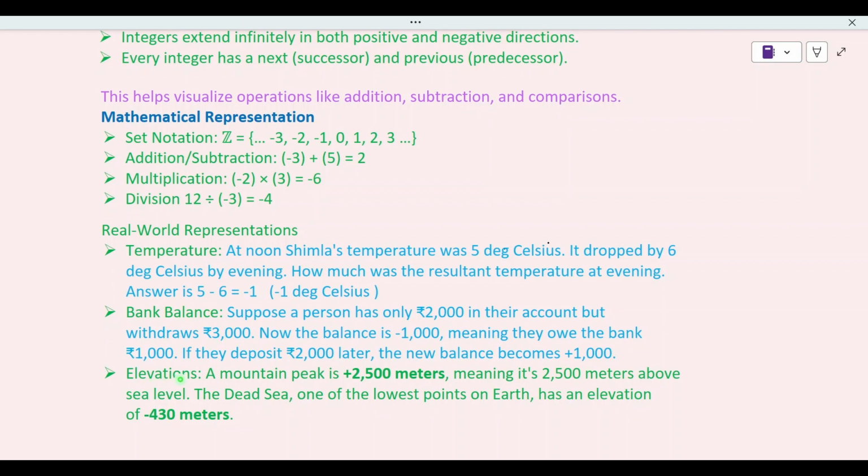Or for calculating elevations, a mountain peak is 2,500 meters, meaning it is 2,500 meters above sea level.